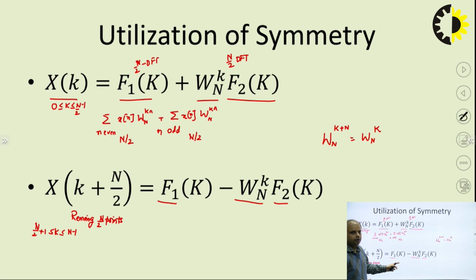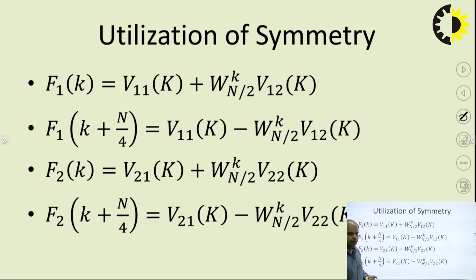So the computation mathematically becomes approximately half. This can further be extended because this n by 2 point DFT can be written in terms of two n by 4 point DFTs, from again 0 to n by 4 minus 1.